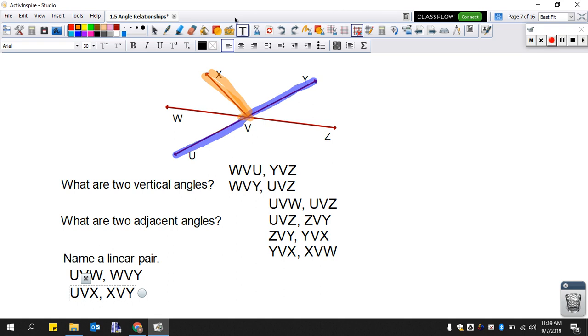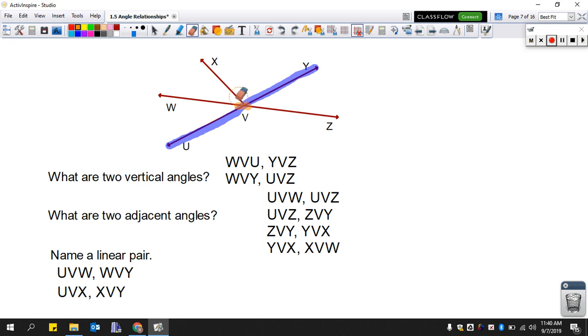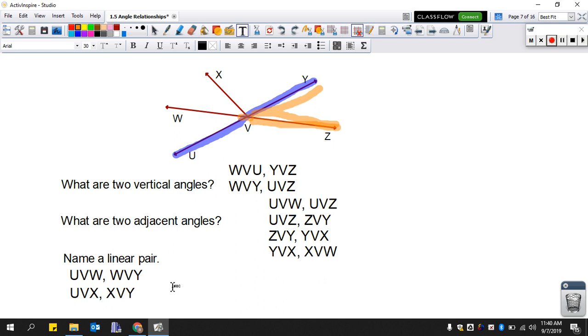You can have angle UVZ and ZVY. And those are the three combinations of angles that make up the blue line UVY.